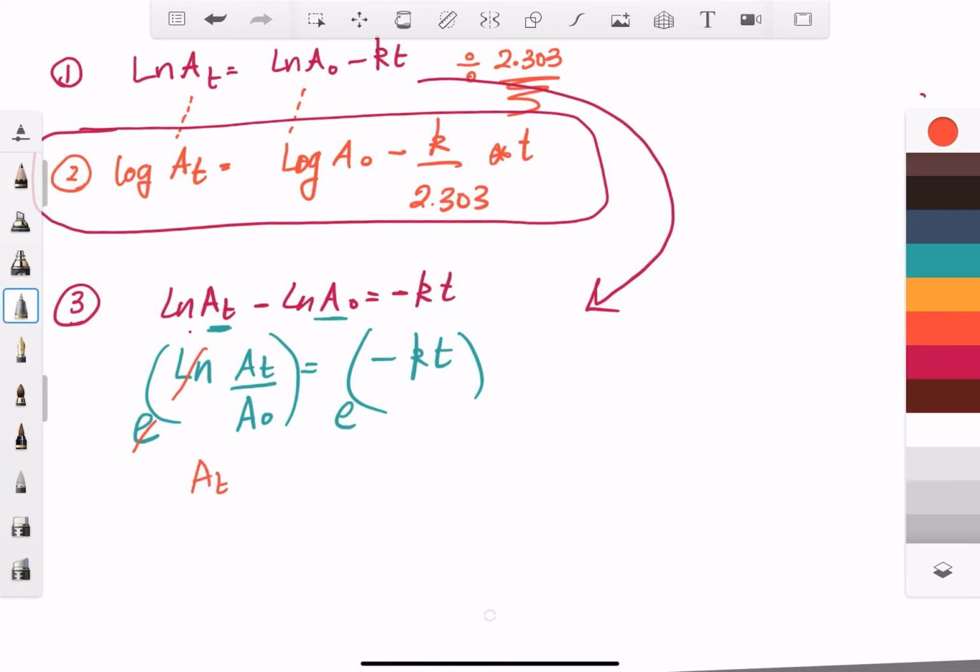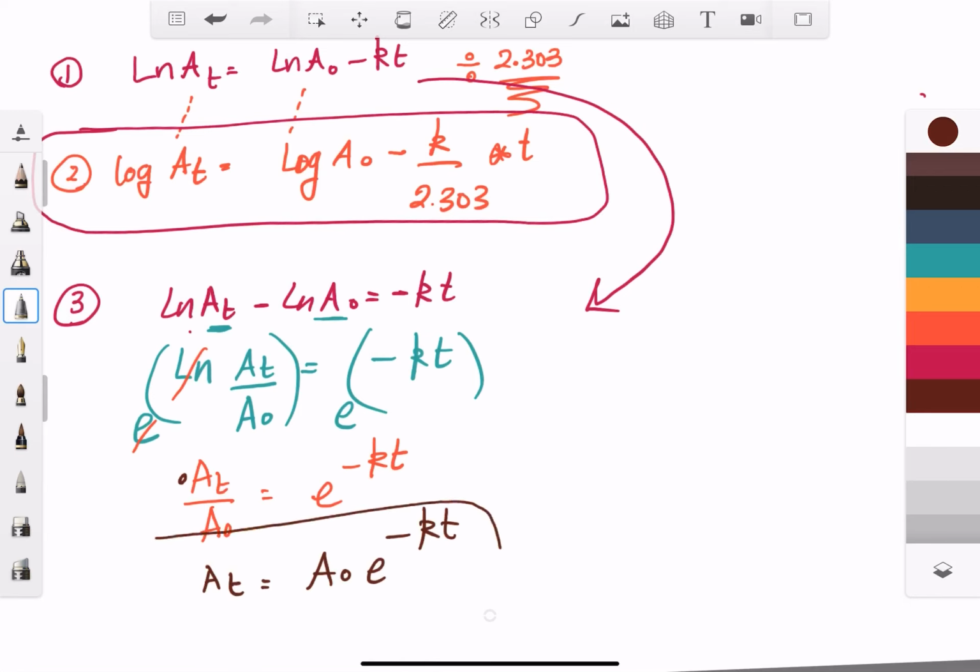So A at a certain time over A naught will be the exponent to the power of minus k multiplied by the time. Okay, if I need to have this as y, then A at a certain time equals A naught multiplied by the exponent of, or e to the power of, minus kt.